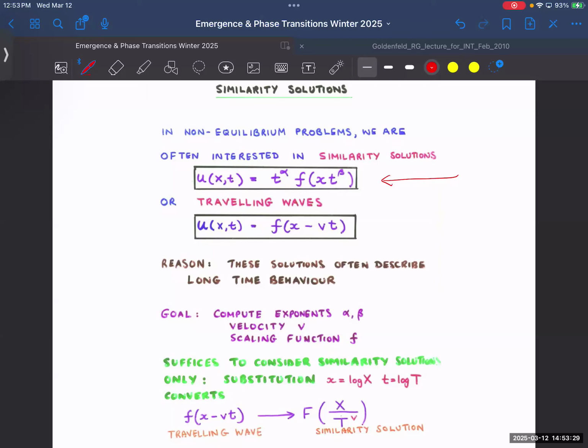Another way you can have a similarity solution is what's called a traveling wave. So here is a traveling wave, and you've seen those before. That is also a particular symmetry of the solution. Why? Because I started off with a function of two variables, and that's on the left-hand side.